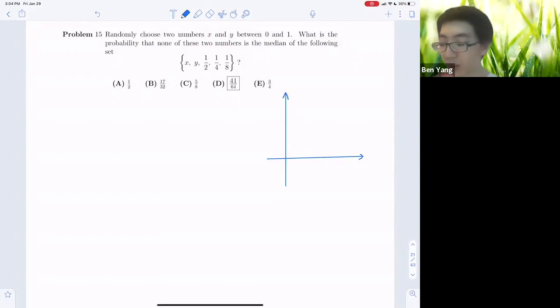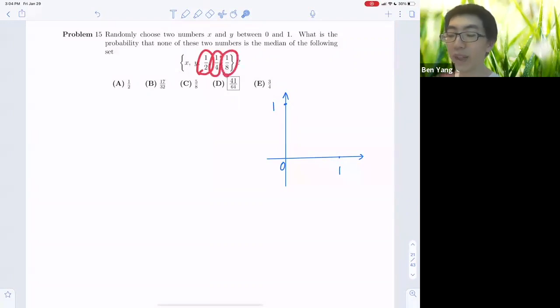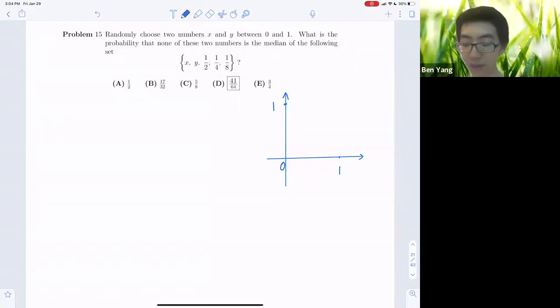So we're going to focus on the region where x is between 0 and 1, and y is also between 0 and 1. So we have like 3 cases, because if none of x and y is median, then the median must be 1/2, 1/4, or 1/8. So 3 cases.